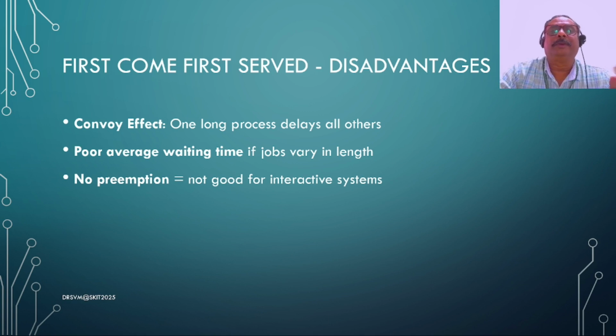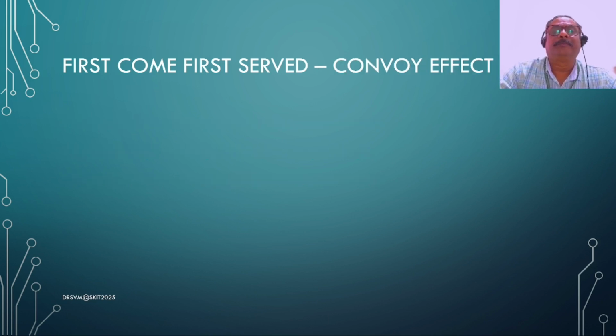So that's going to be a highly irritating situation. So that's one issue. If the first job is too long, then it's going to create a problem for all other jobs, and because of no preemption, this is another problem we do have.